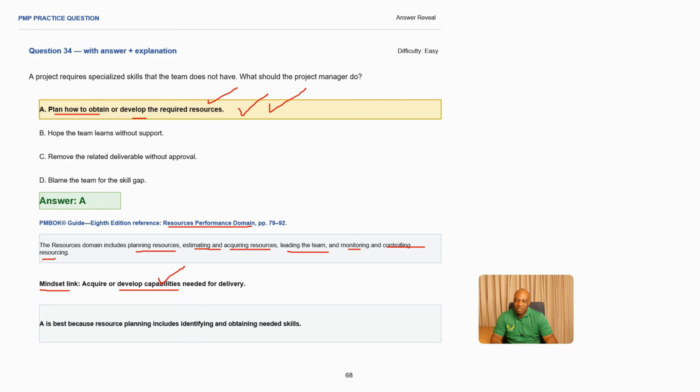This is very important, needed for delivery. So this team, in this case, they don't have a specific skill, right? So what should the project manager do? You need to develop the capabilities which is lacking in the team, making A the best answer because resource planning includes identifying and also obtaining needed skills, making A the best answer.